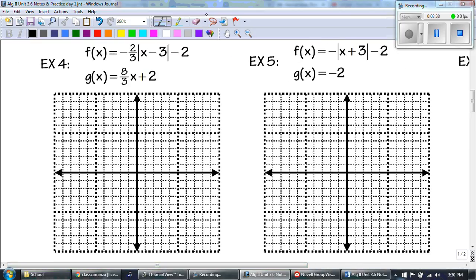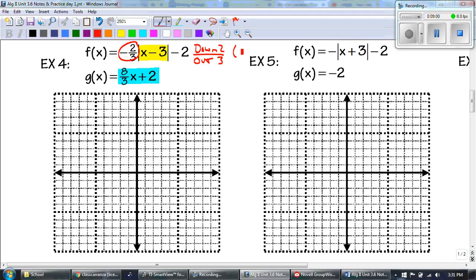All right, number 4. We're just going to write this down, and then I'm going to let you guys do the graphing. The -2/3 means that we're going down 2 over 3.